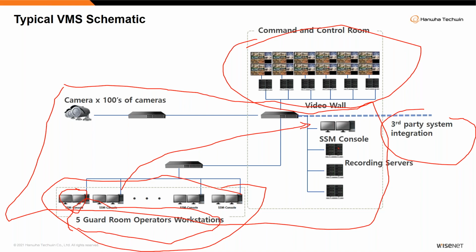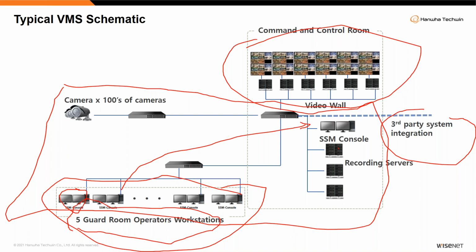You can have another dashboard for your BMS, fire alarm, access control, intercom and third party systems. You can have a video wall for all the systems together, or just for CCTV. So the video wall depends on the customer requirement. We will touch upon it as we go forward.